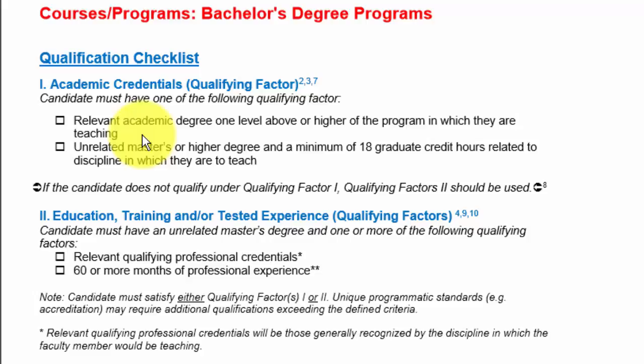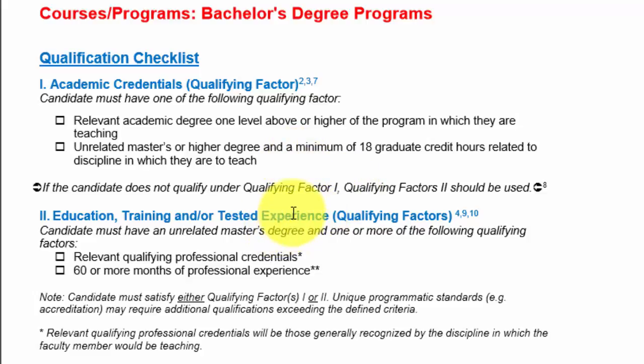So a master's degree would obviously kick in because you're teaching in a baccalaureate program. Then you could have an unrelated master's degree or higher, as long as you have 18 graduate credit hours related to the discipline, and you can qualify in the pure academic sense.